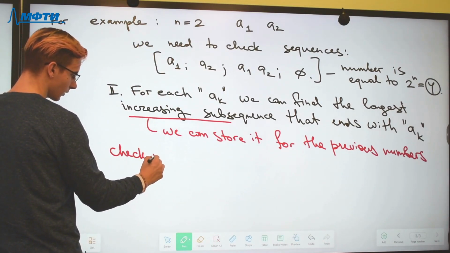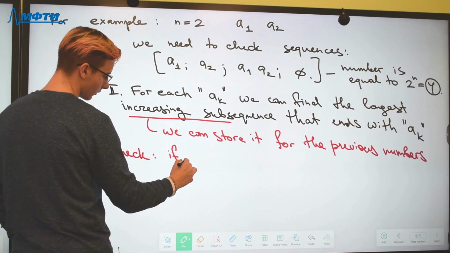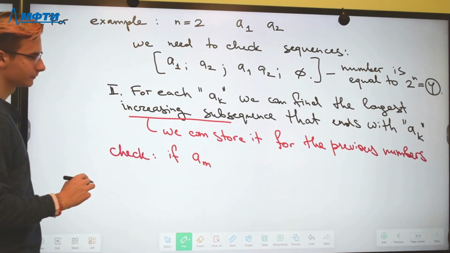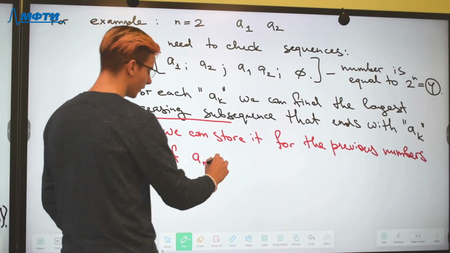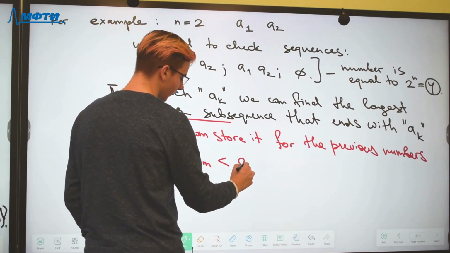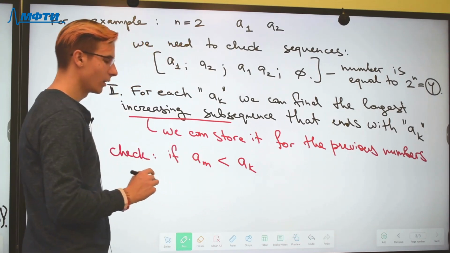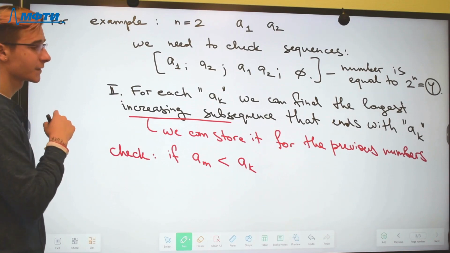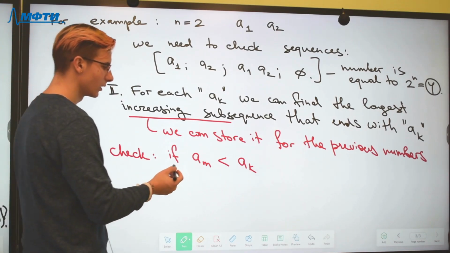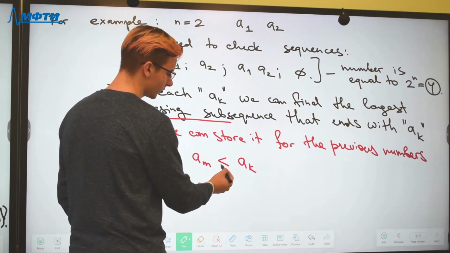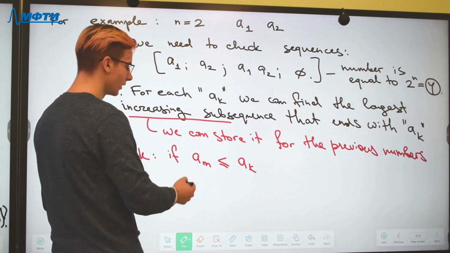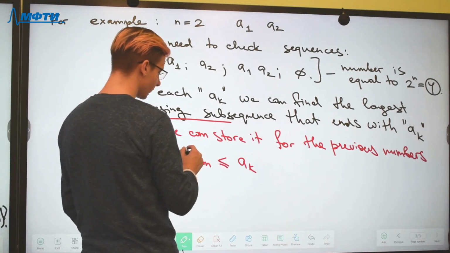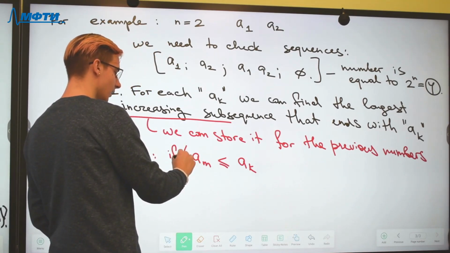we can check if Am is less than Ak. We assume that the numbers are different. If they can be equal, I say that it can be less or equal, on the right part of this inequality.